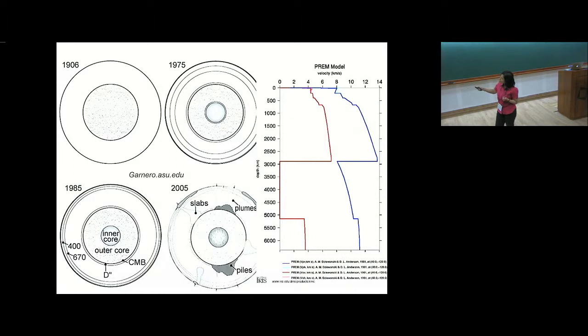Also, if you look at the shallower depths, you see these small jumps in velocities. These are because of the discontinuities that I was talking about: the discontinuity at 400 kilometers and the discontinuity at 670 kilometers. As soon as these waves encounter a discontinuity or a boundary, there is a change in velocity. And from this change in velocity, we can figure out that this is how the Earth is layered.